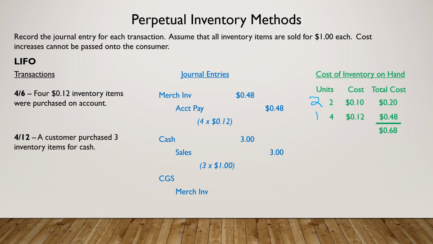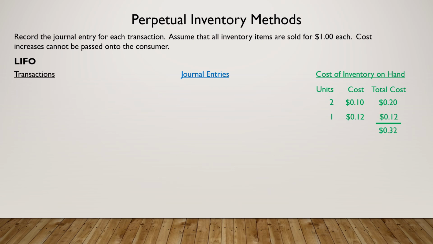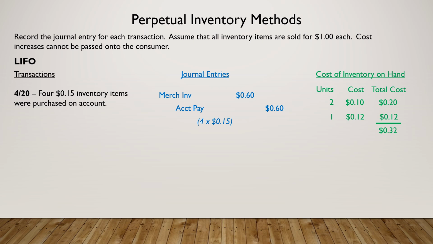Since the last layer has more than enough units to cover the 3 units sold, we only pull from this layer. After which, this more recent layer drops from 4 units to 1 unit, and inventory is valued at 32 cents. The purchase on April 20th will still debit merchandise inventory and credit accounts payable for 60 cents.